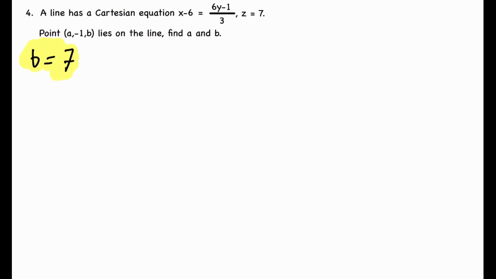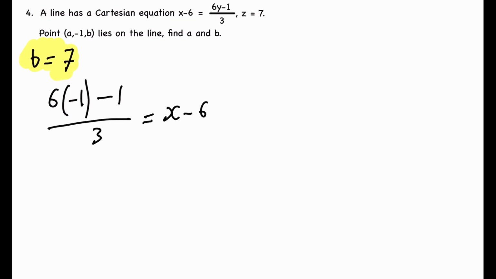And for the rest, because we know our value for y, which is minus 1, we substitute y as minus 1, so minus 1 over 3 is equal to x minus 6. We can substitute because from this part of the equation, we can substitute our x value as a. If we rearrange this equation, we're going to get minus 1 over 3 is equal to a minus 6.